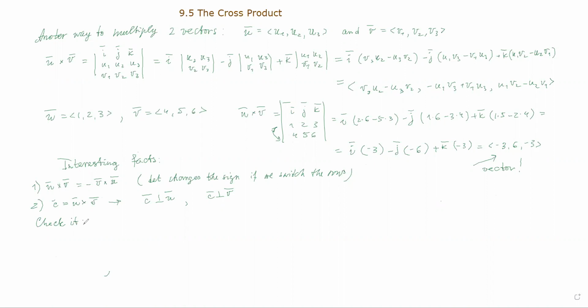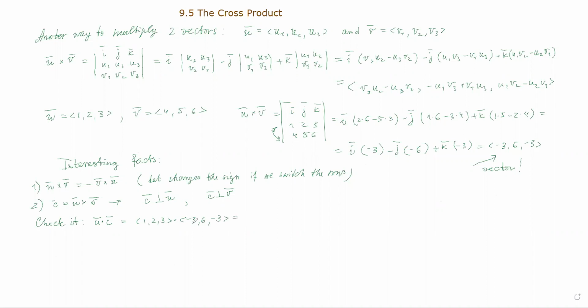So I already have the cross product between vectors 1, 2, 3, and 4, 5, 6, right? That's minus 3, 6, and negative 3. Now, how do I check if they're perpendicular or not? Well, I'm going to calculate the dot product between them, right? So I'm going to calculate dot product between vector u and vector c, which is a resulting vector of cross product. My vector u is 1, 2, 3, dot product with minus 3, 6, minus 3.